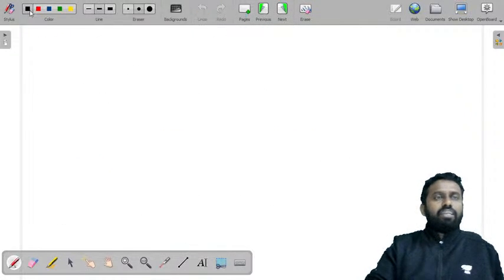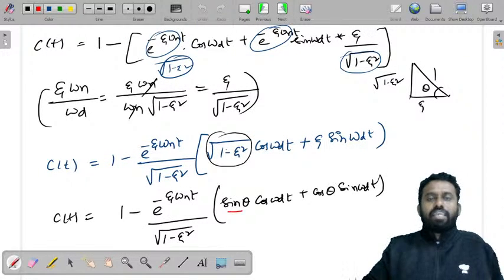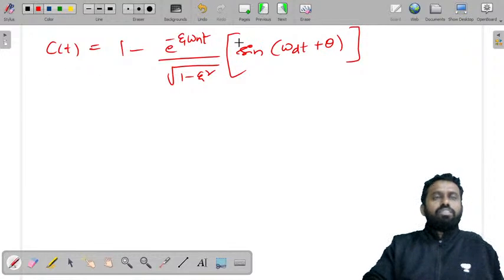So finally you can write c of t is equal to 1 minus e power minus zeta omega n t by under root of 1 minus zeta square, sin a cos b plus cos a sin b, sine of a plus b, right? So it is sine omega dt plus theta. So this is the value of response.